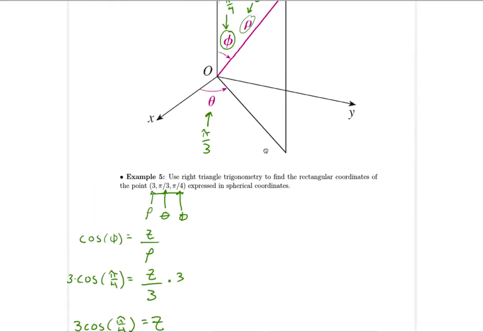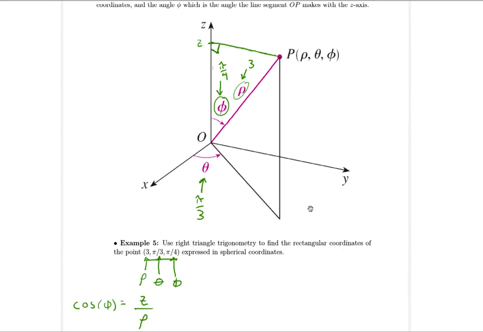All right, so now let's take a look at the x and the y. Let's start off with the x. So the x, of course, is right here, and we're extending this out. Okay, and we're making another right triangle, and we know this angle here. So here's my x, and here's my y.